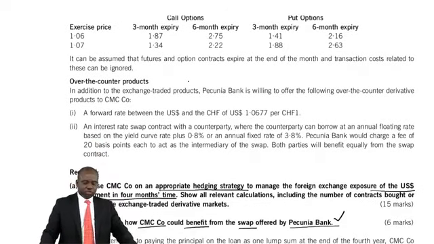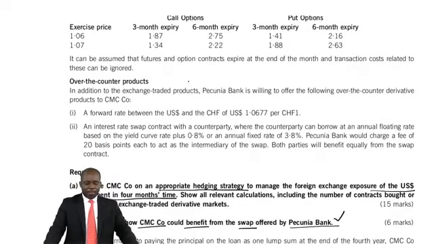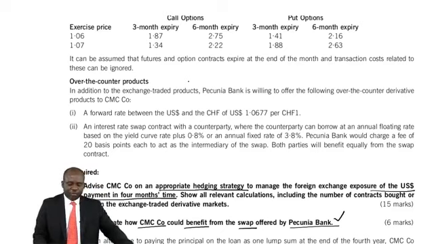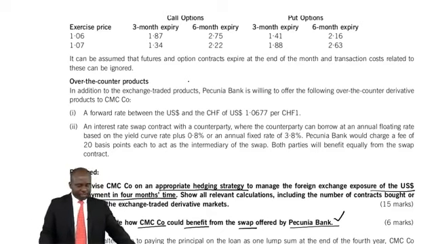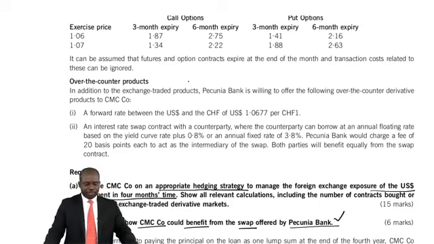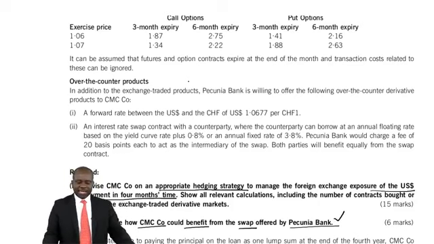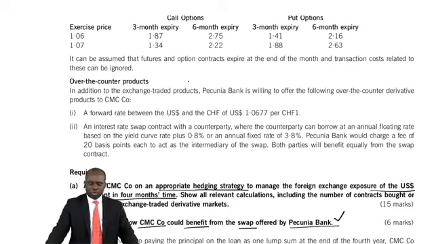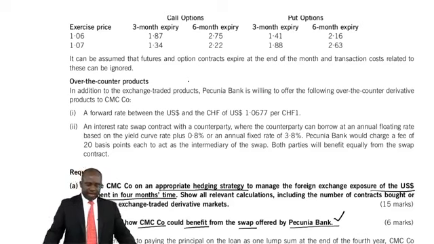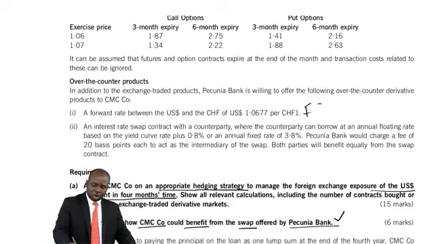In addition to the exchange-traded product, Pecunia Bank is willing to offer the following over-the-counter derivative product to CMC Co. A forward rate between the US dollar and the CHF of $1.0677 per the CHF. So this is also a forward contract.